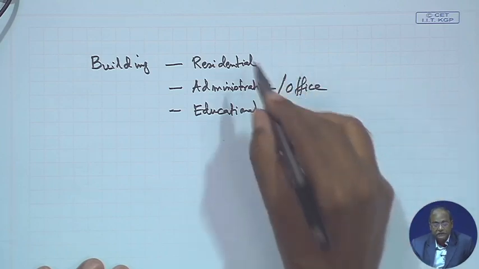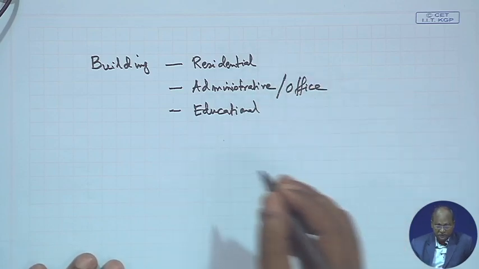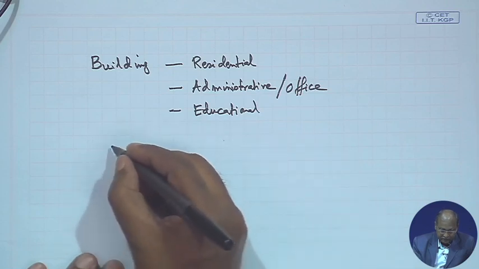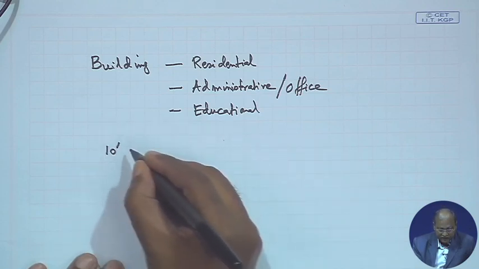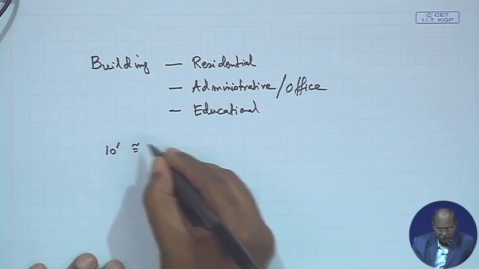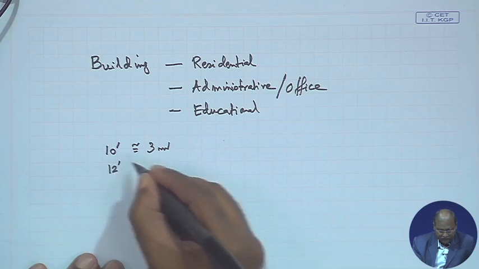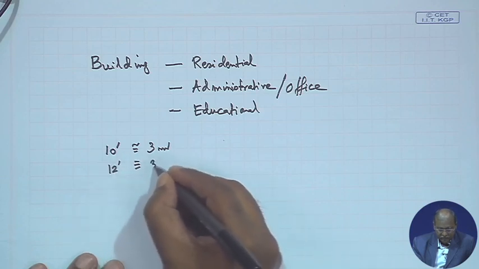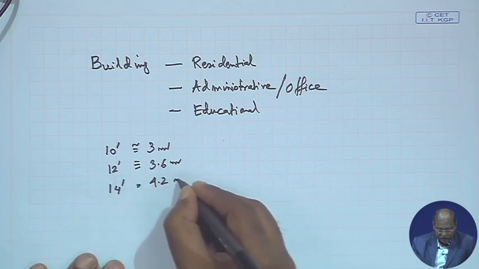For example, in a residential building, we still generally use 10 feet, which is equivalent to 3 meter, 12 feet, 3.6 meter, 14 feet, 4.2 meter.